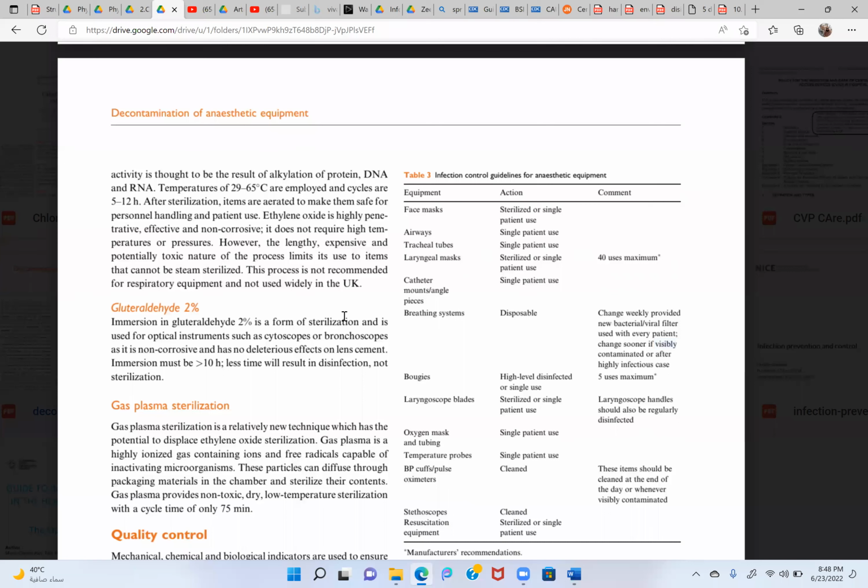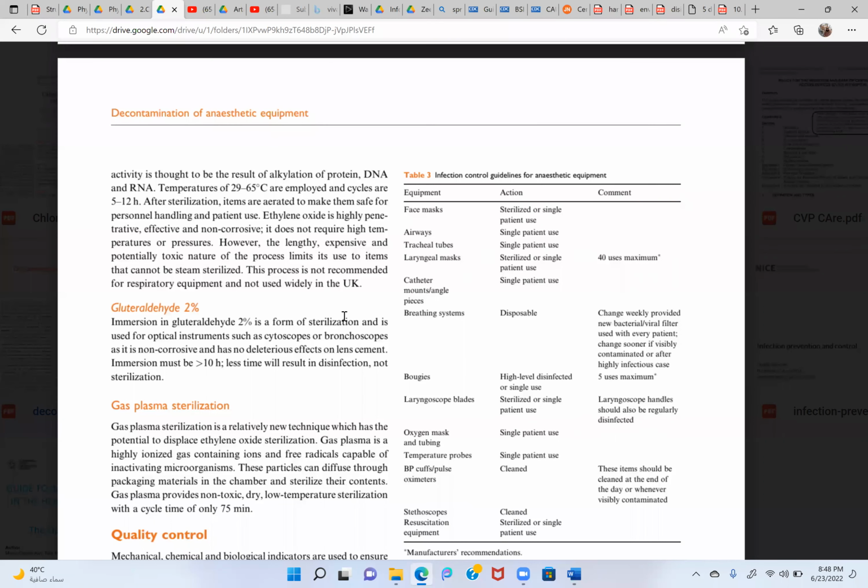They have asked this question a number of times: the face mask, is it a non-critical, critical, or semi-critical item? Semi-critical. What do you think?